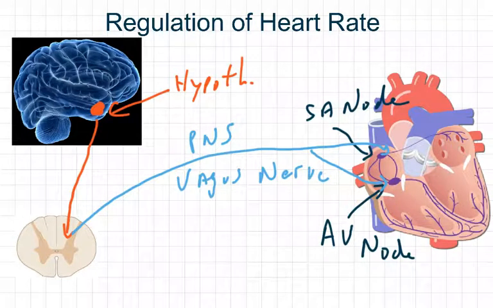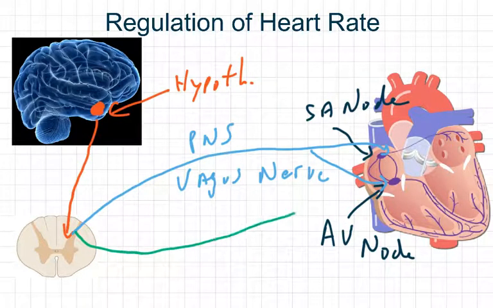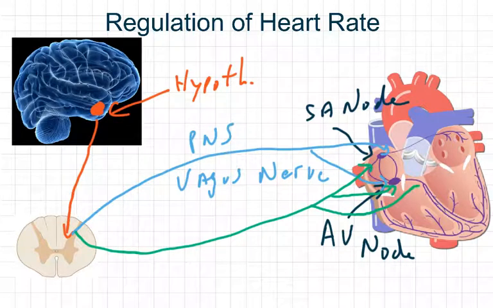Now, for the sympathetic nervous system, those signals are transmitted to the different components of the heart. Again, for the sympathetic nervous system, it connects to the SA node, the AV node, also to the bundle branch, and the Purkinje fibers.